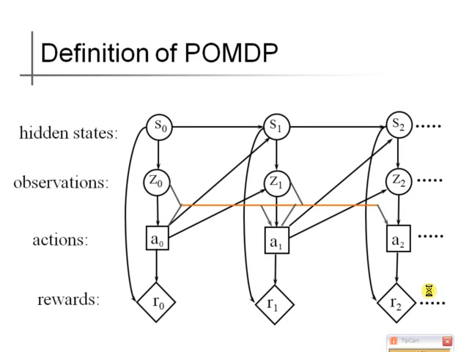Now, this is what you need to specify an MDP. On top of it, you need to specify an observation model for POMDP. What is the observation model? It tells you the probability that you would get an observation Zi when you are in state Si. That's it.